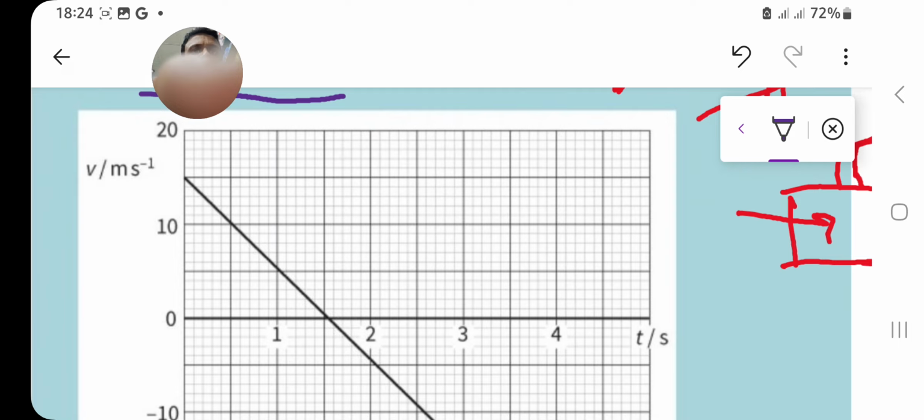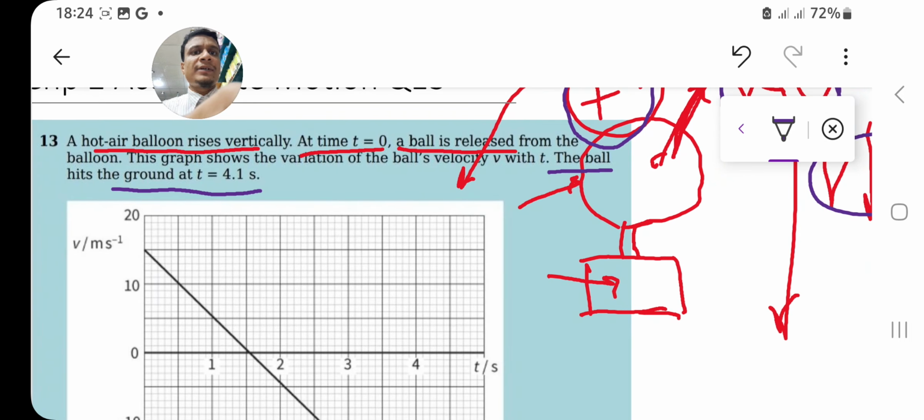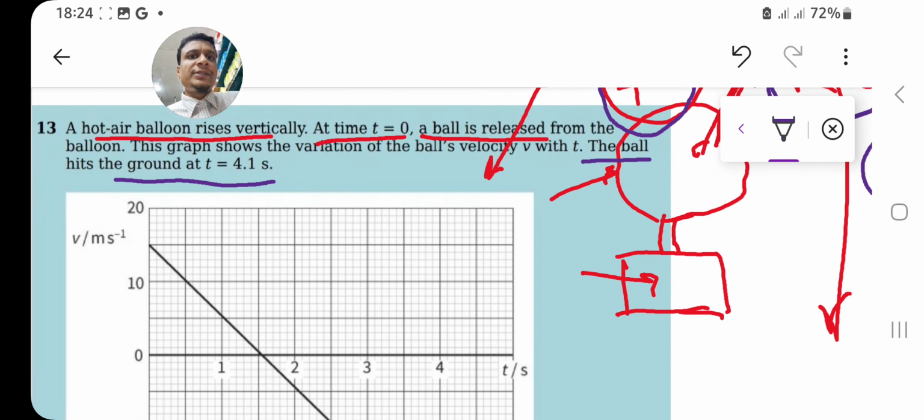Just take any 2 points on the graph and check whether the acceleration comes out constant.